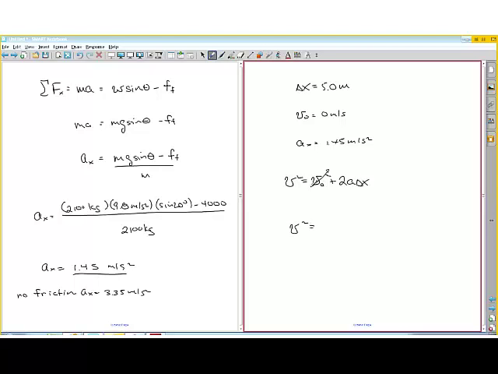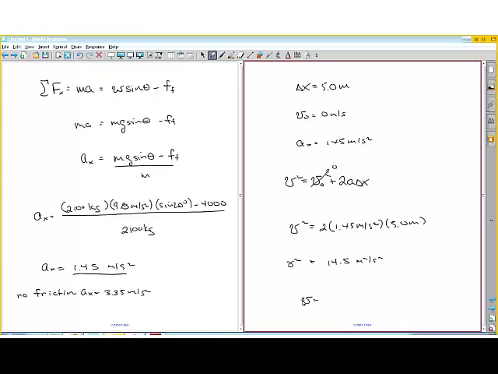And so we actually already solved for this. This part is 0 because we have an initial value of 0, so we have 2 times acceleration, which is 1.45 meters per second squared, times delta x, which is 5 meters. So we get 2 times 1.45 times 5 is 14.5, which should sound familiar. It's meters squared per second squared.